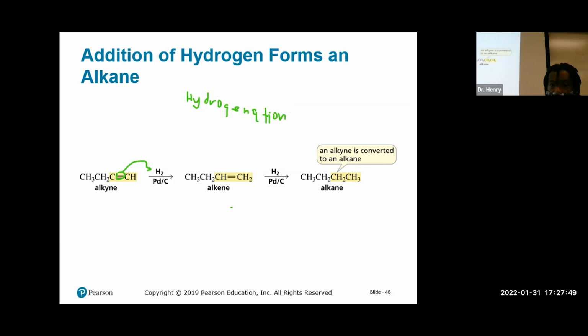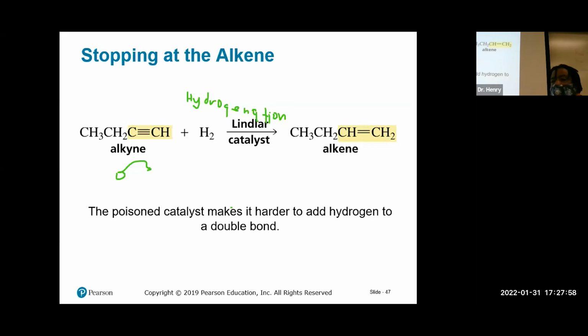So if we wanted to just stop at the alkene, we're going to use the Lindlar catalyst, or equivalent, right?